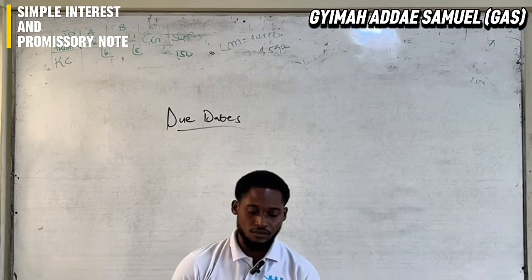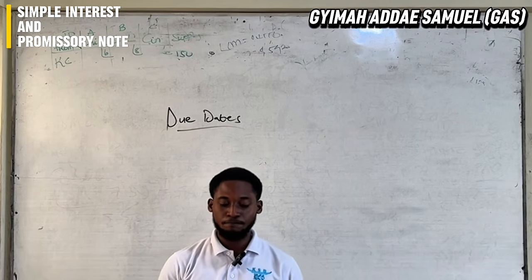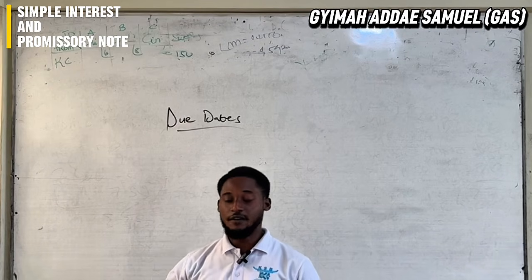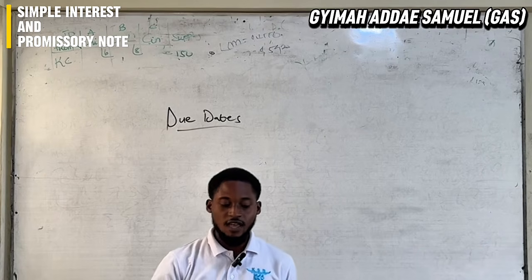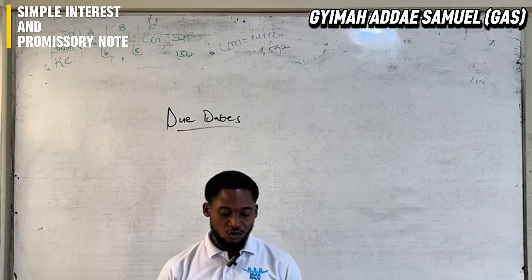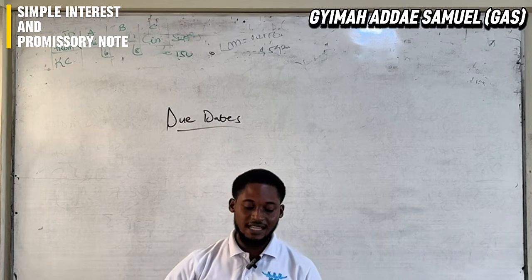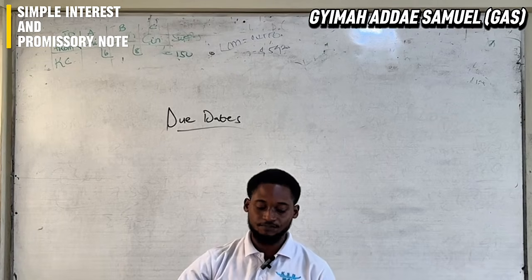So we have examples here. A 15-month loan dated February 2nd is due on May 2nd of the following year. A loan dated May 31st and due in 4 months has a maturity date of September 30th.